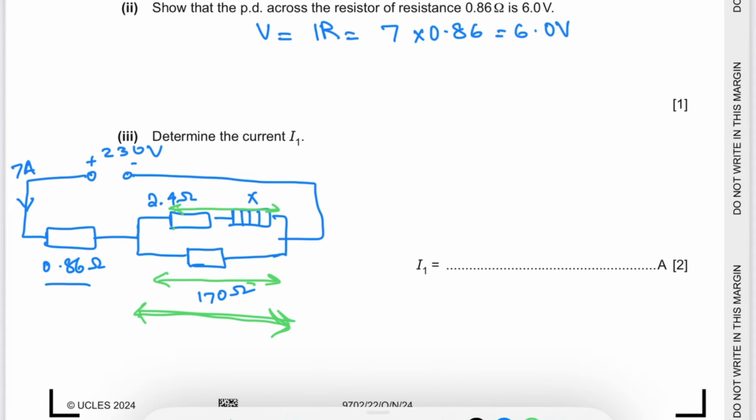Now when a current flows through the circuit, it's going to pass straight through the 0.86 ohm resistor. That would be 7 amperes.